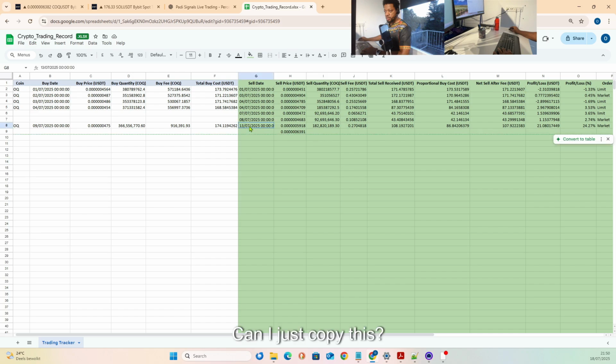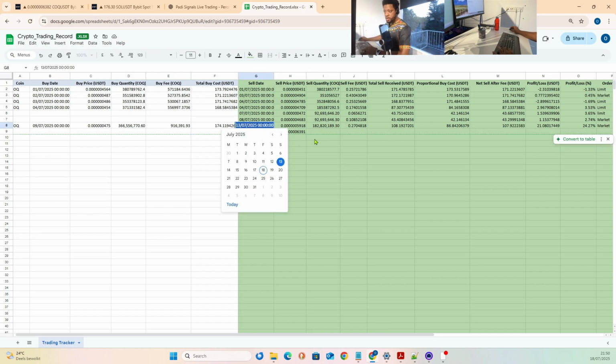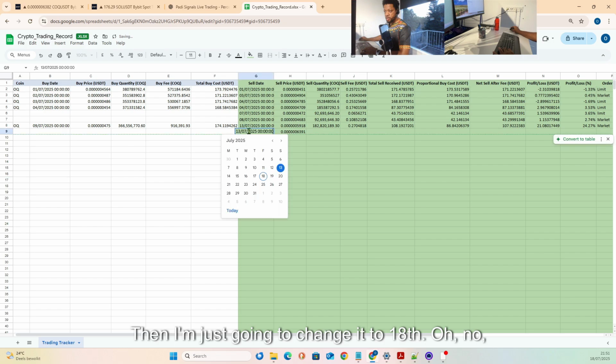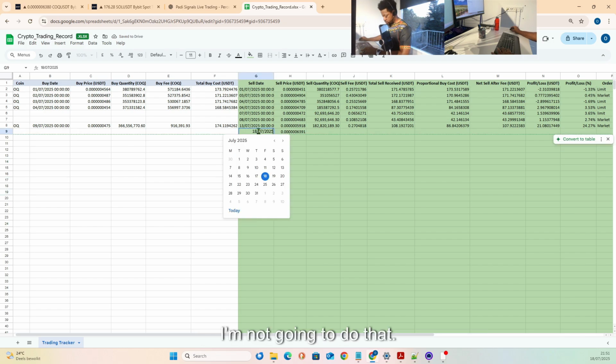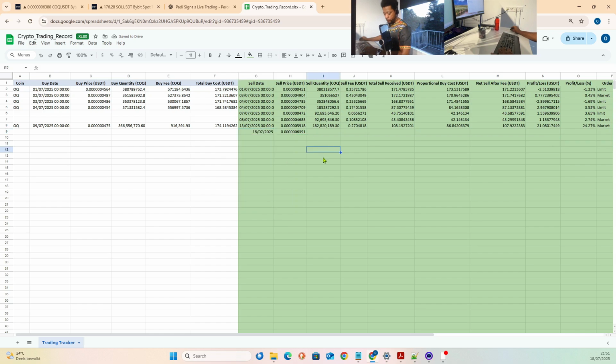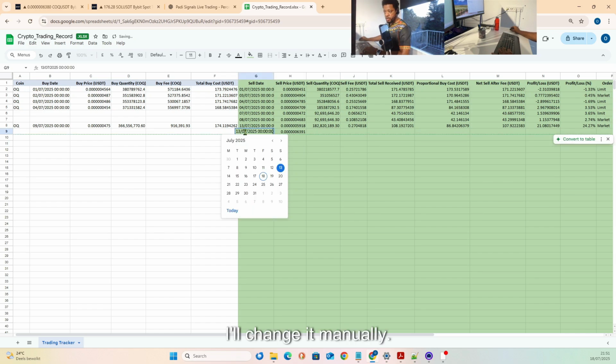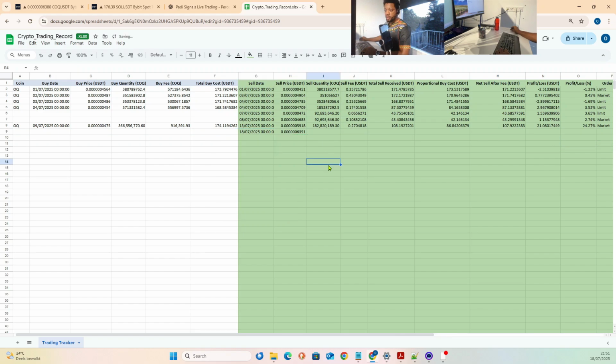Can I just copy this like this? Then I'm just going to change it to 18th. Oh, no, no, no. I'm not going to do that. I'll change it manually so it will be the same like the others. 18th, and I sold at this price.